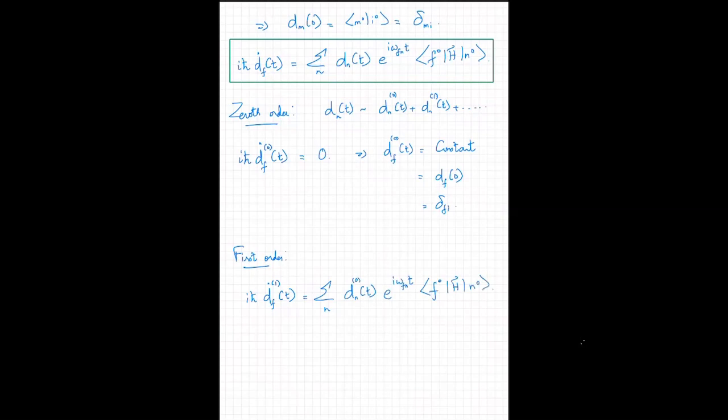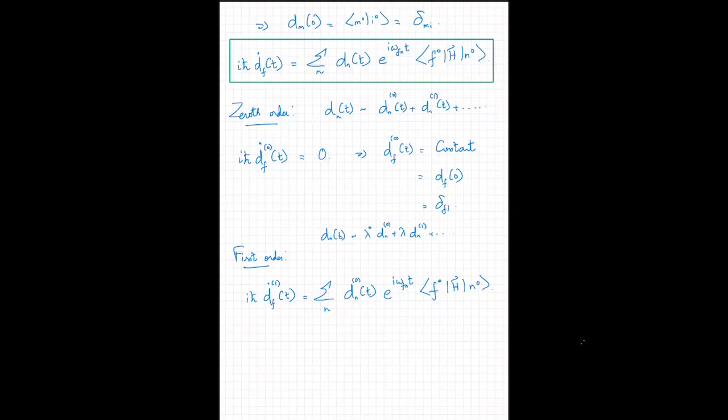Is this step clear? I'll pause and ask if there are any questions. Please look at this carefully and tell me if this is clear. Again, if you want to write in terms of lambdas, all I'm claiming is that if I write dn of t as lambda 0 dn0 plus lambda dn1 and so on and so forth, the first order term on the right hand side is basically dn0 times the matrix element of the perturbation, because this term is already of order lambda.